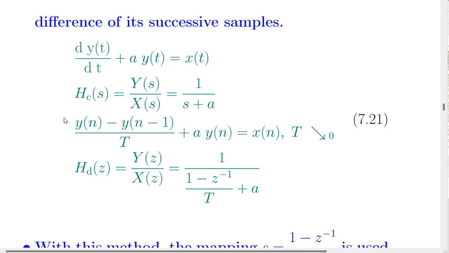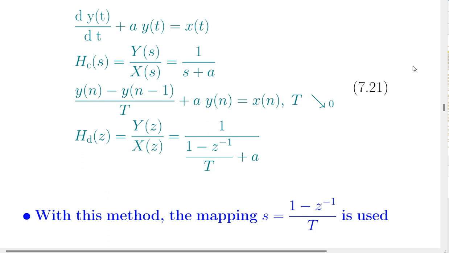Again, repeating the idea, dy of t over dt will be equal to the difference between two adjacent samples in output over the time, where we have used the sampling time, plus a times y of n being equal to x of n. Of course, T should converge to 0 to have a better approximation.